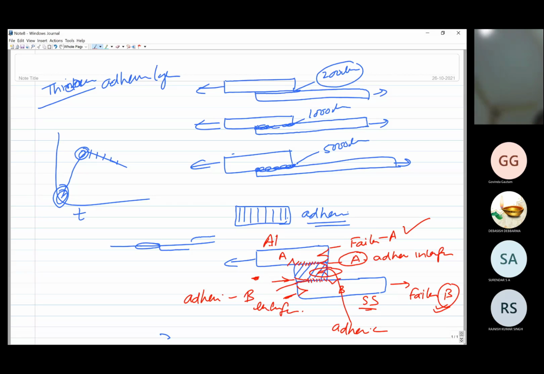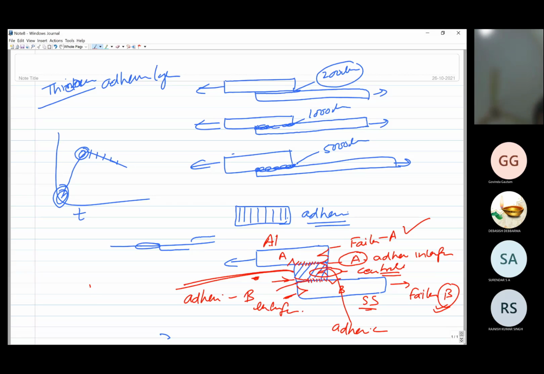Okay, so whatever I have talked so far as the strength was concerned, in those cases we did not focus on where the failure is occurring. But if your adhesive is extremely weak and it is very thick, then the adhesive on its own will fail from this location, like say the C location, the central location of the adhesive.